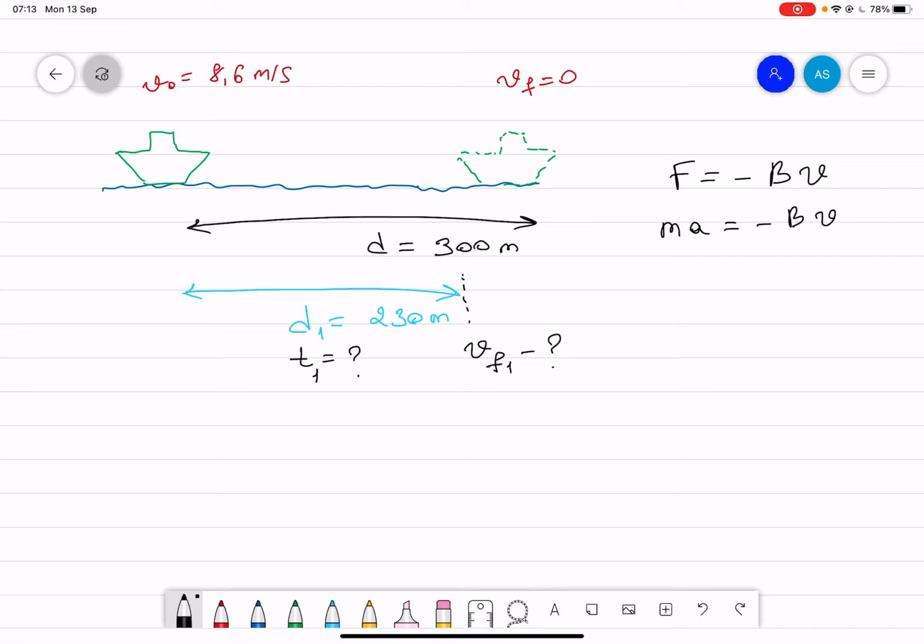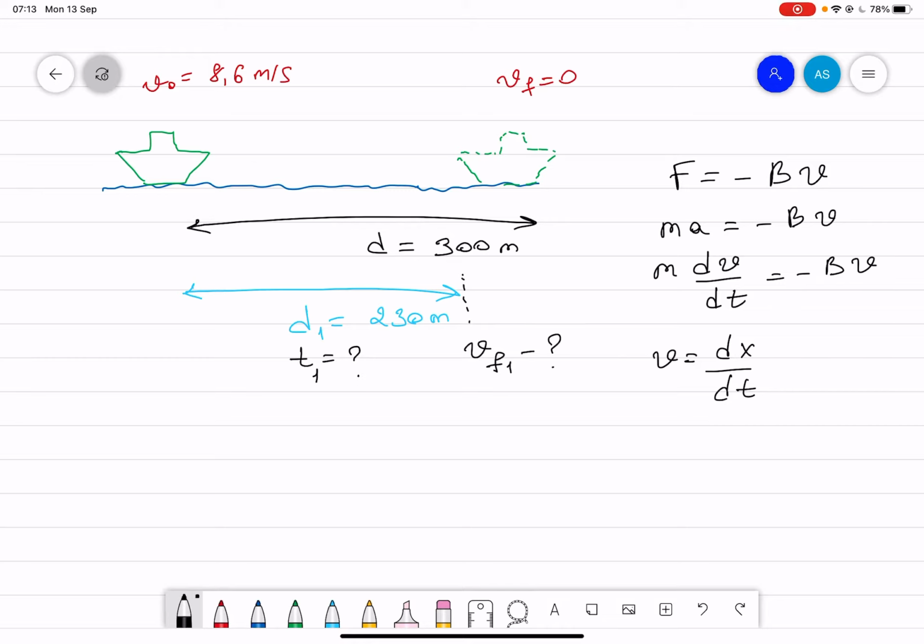Now acceleration itself is dv over dt, correct? Then after that we know that v is equal to dx over dt.